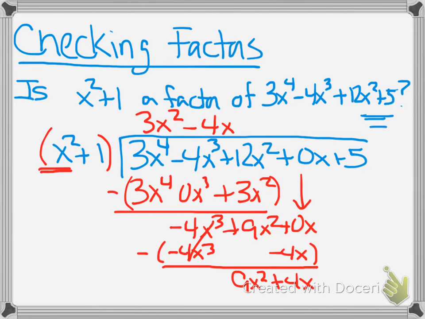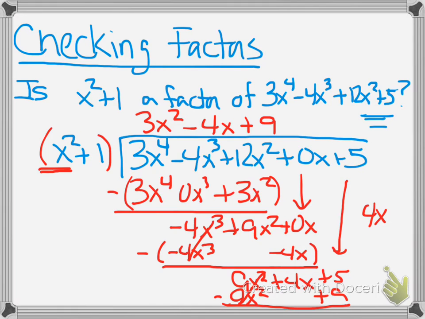What times x squared is 9x squared? That leaves us with plus 9. So again, we get 9x squared plus 9. So that means I'm going to have to bring down my 5. And again, we're going to subtract these, so that's going to cross these out. 4x minus nothing would be 4x, and 5 minus 9 is minus 4.